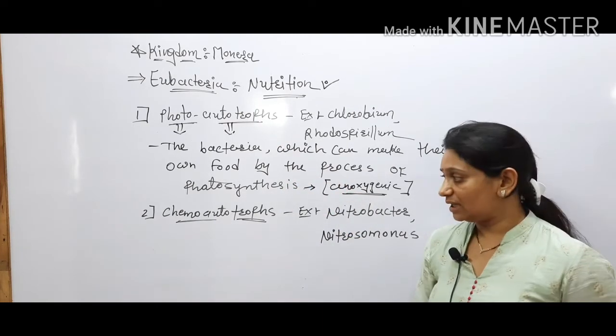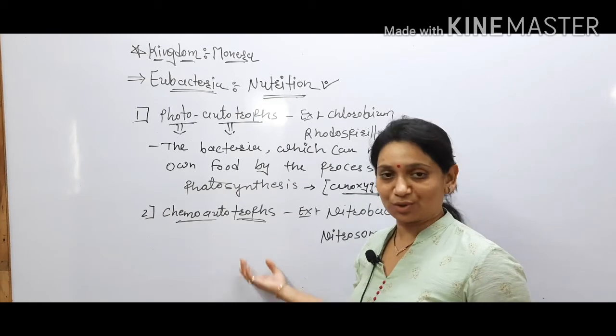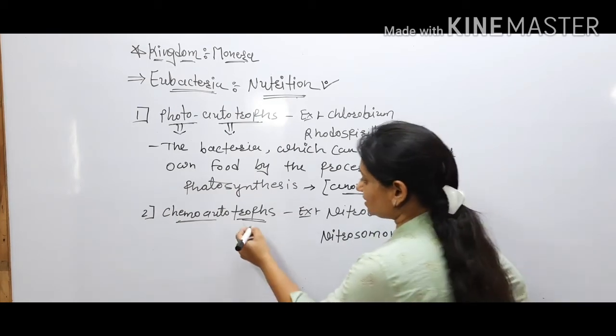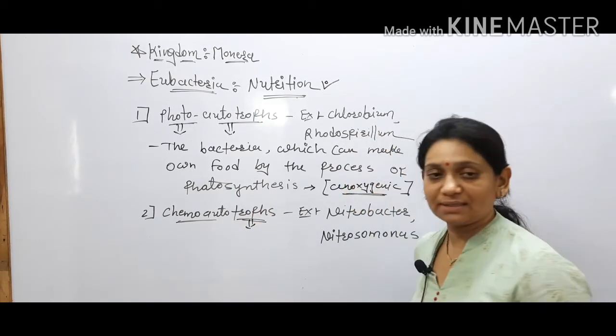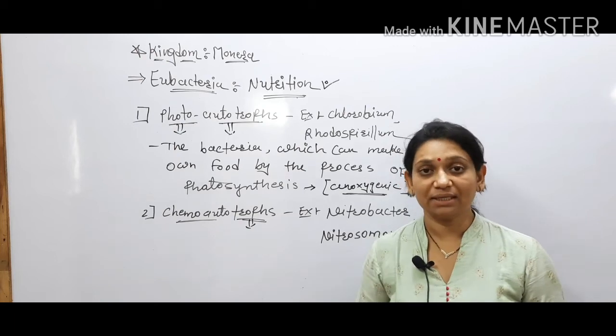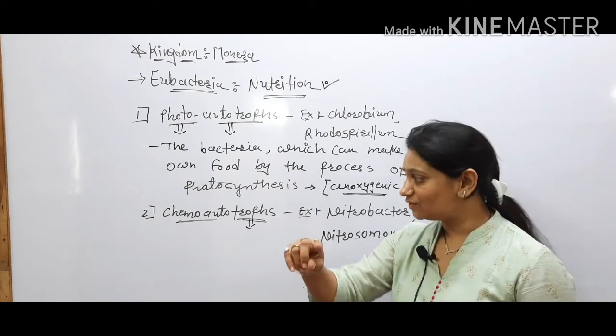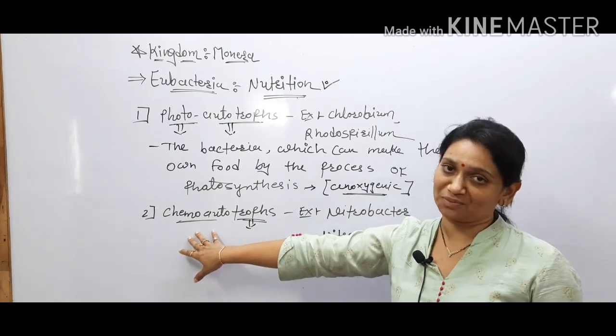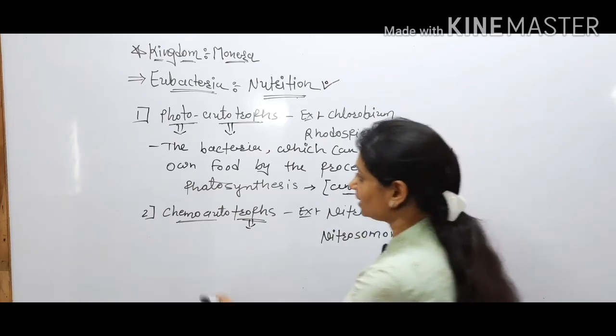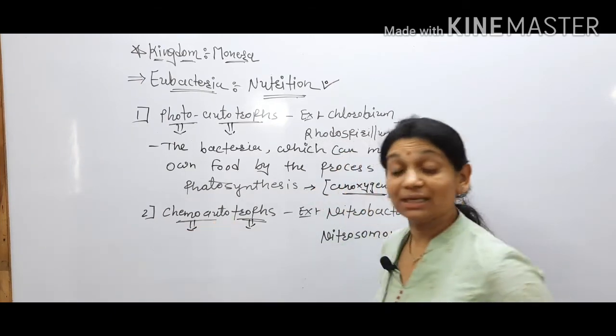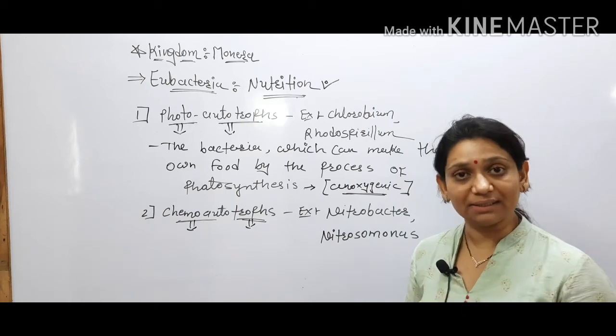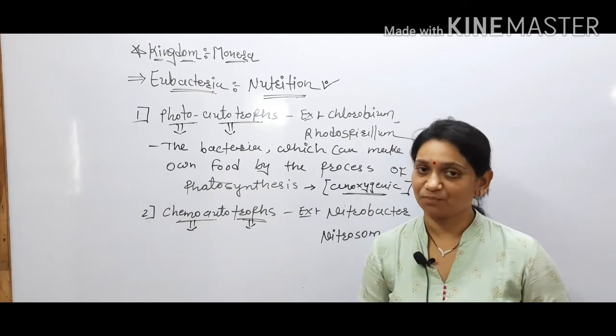Fine. Now next one are the chemoautotrophs. As you can understand from autotrophs, these are organisms which can make their own food, but over here they are chemoautotrophs, meaning they produce their own food from chemicals or by chemical processes. Fine.